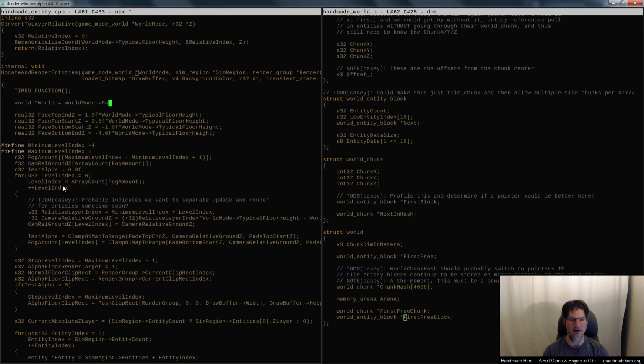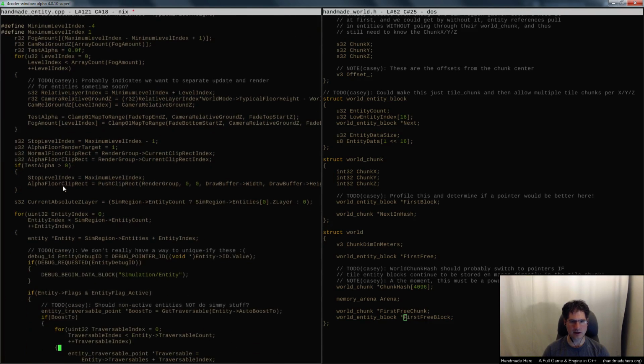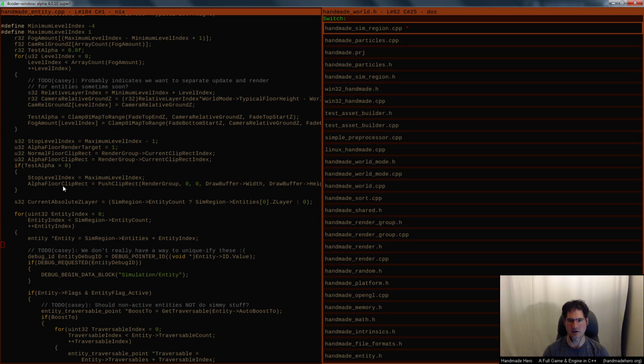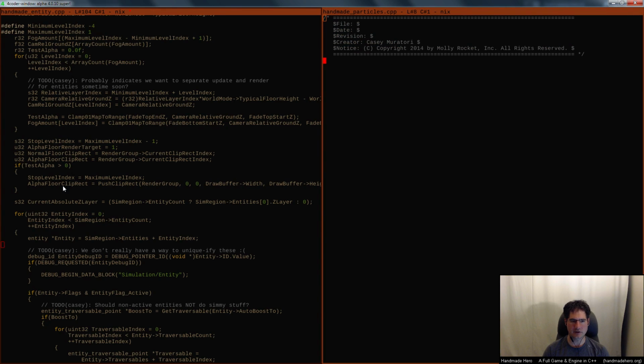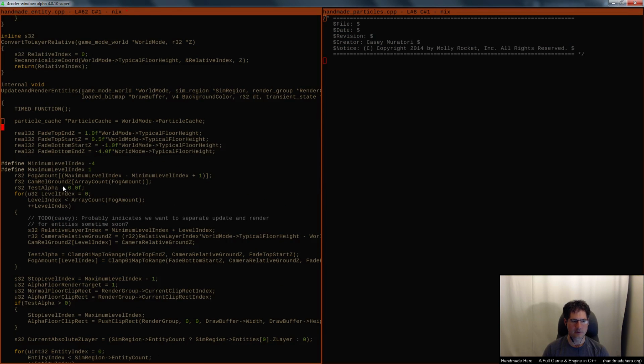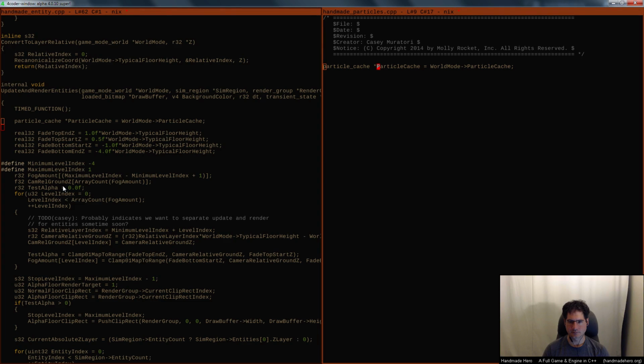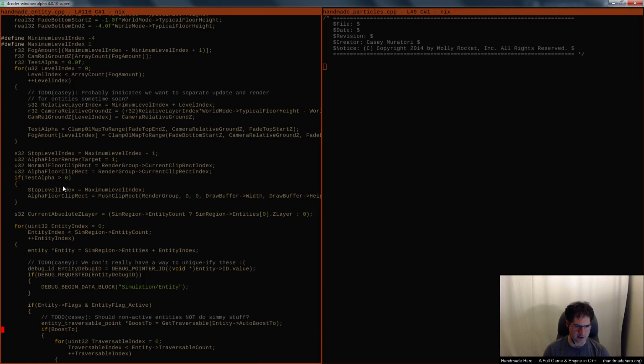I think I'm going to go ahead and put it in the world mode. So I'm going to say that the particle cache comes from the world mode, and then I think we can get things started here. So let's take a look at the particles side of things. I know there's going to have to be some way of initializing this thing. I guess I don't care about that quite yet.